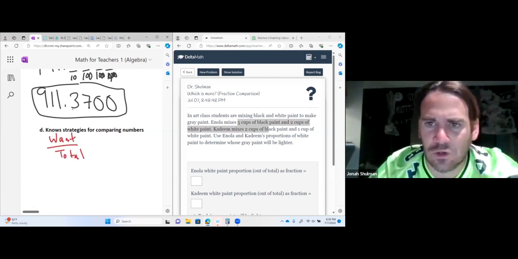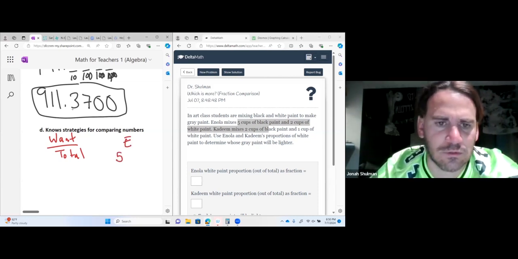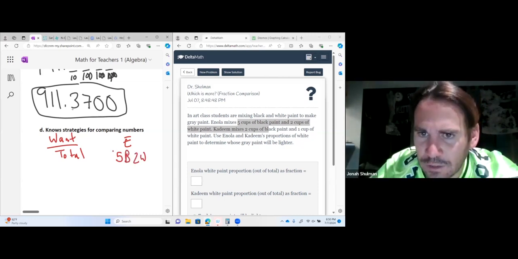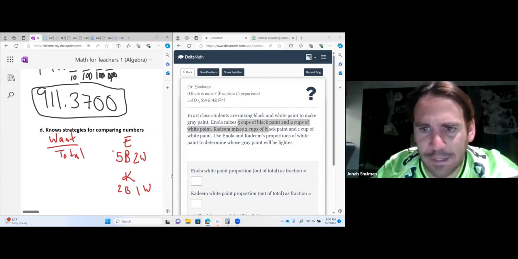Beautiful. So we got our buddy Anola, which is 5 black and 2 white. Then we have our friend Kadeem, which is 2 black and 1 white. So we want Anola's white paint.